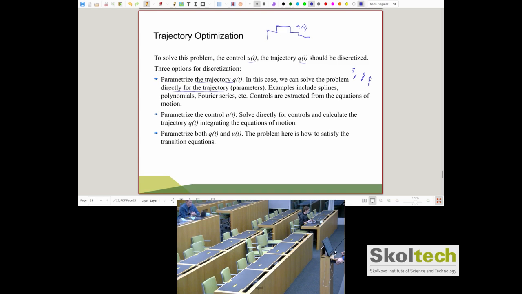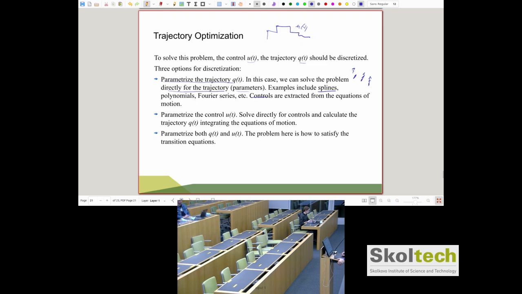How can you do this with continuous trajectories? Because you cannot optimize fully over these continuous spaces, what you do is these little shifts just by using a parametric representation, right? It could be a spline, a polynomial, a Fourier series. You basically need to represent this trajectory like this.